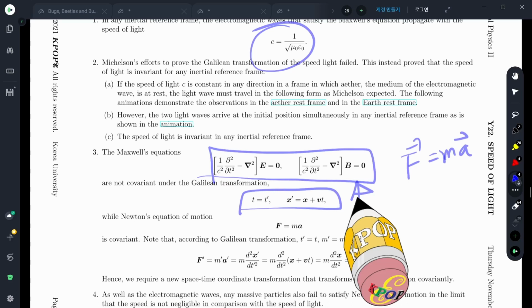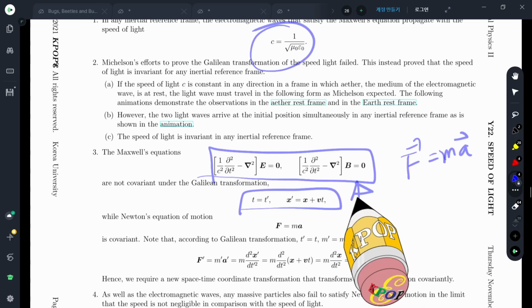If one can find the transformation rule that satisfies the invariance of Maxwell's equations, and in the limit when a massive particle is moving slowly, then that will be the best solution.